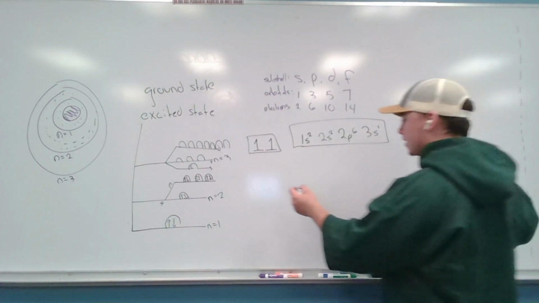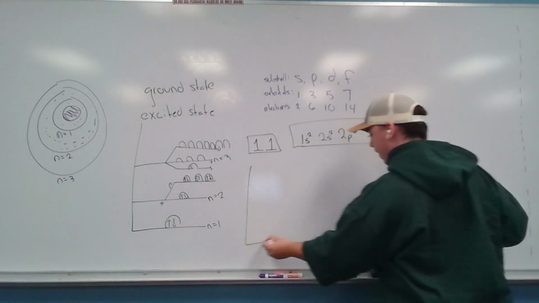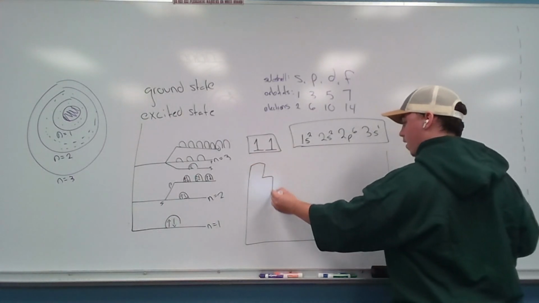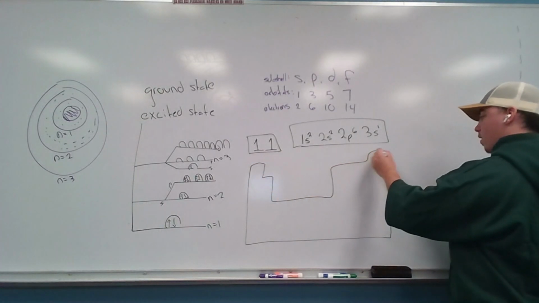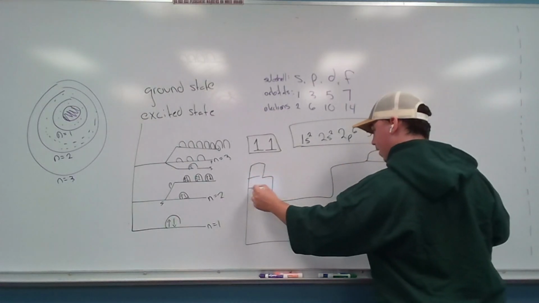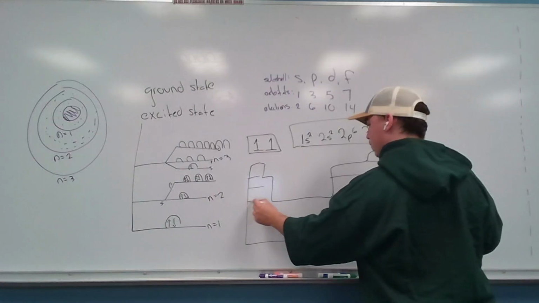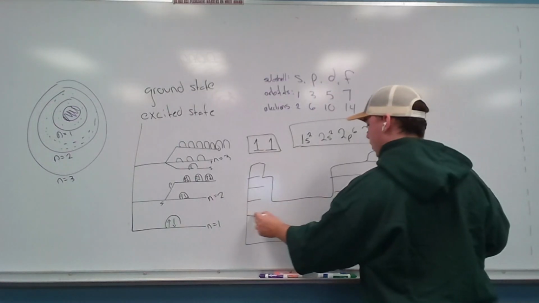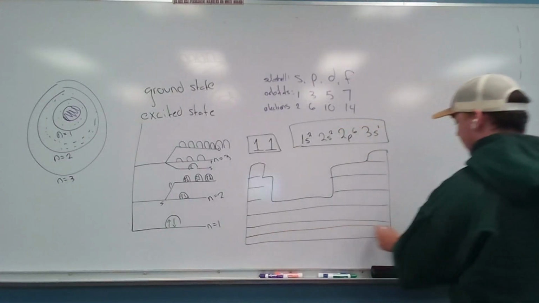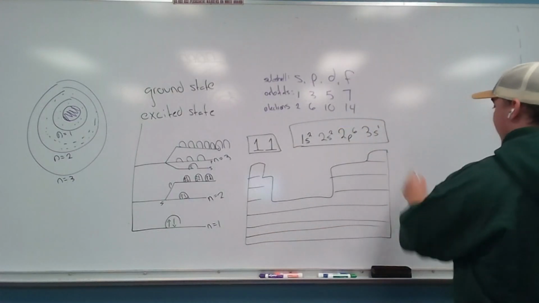So imagine you have a periodic table. And you have your periods. Boom, boom. It's not really perfect, just pretend it is. 1, 2, 3, 4, 5, 6. Hey, I did it right.